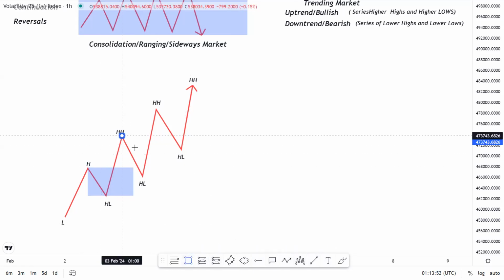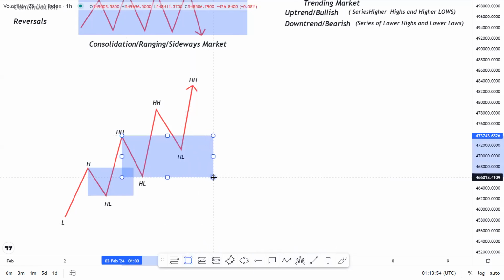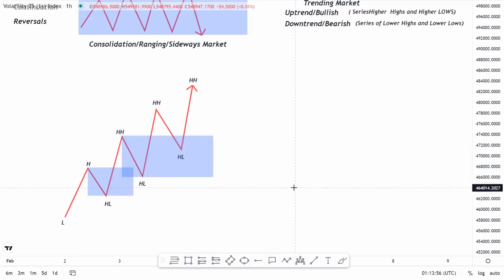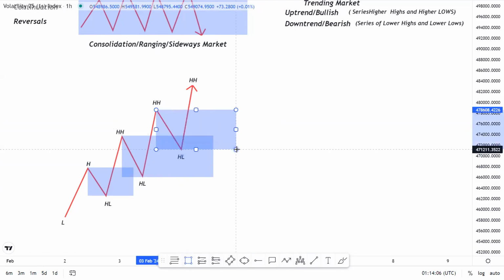I have the sell movements, which are usually temporary, being the retracements, the sell move right here, being the retracements.